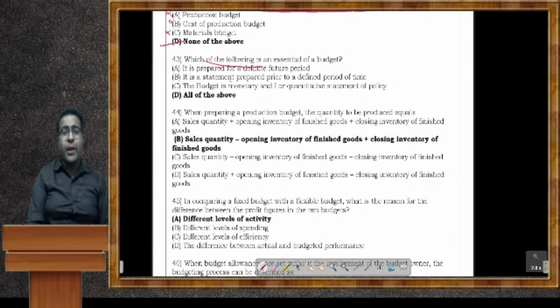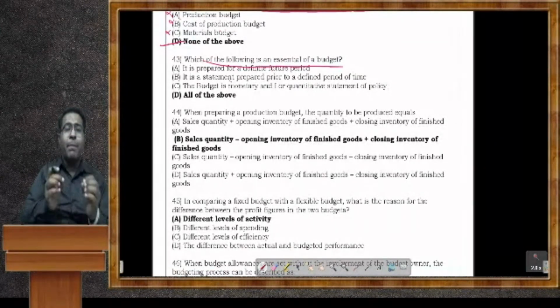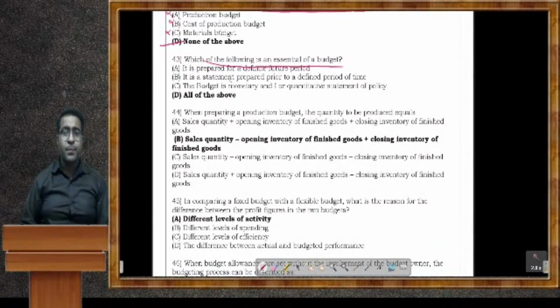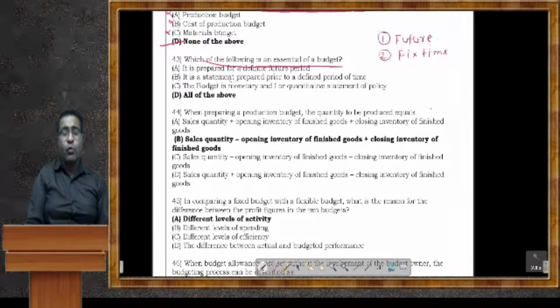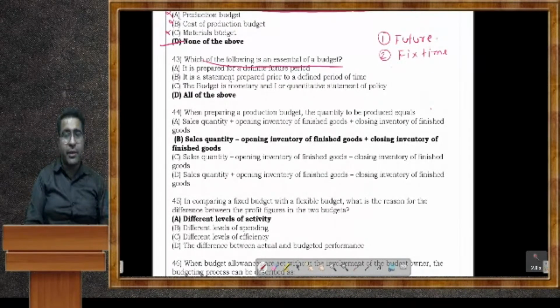Which of the following is an essential of a budget? Meaning, what are the main characteristics of a budget? When we are preparing any type of budget, what are the essential things we need? First of all, the budget must be for a future period. It must be for a fixed time period, for 1 year, 2 years, 2 months or 3 months.